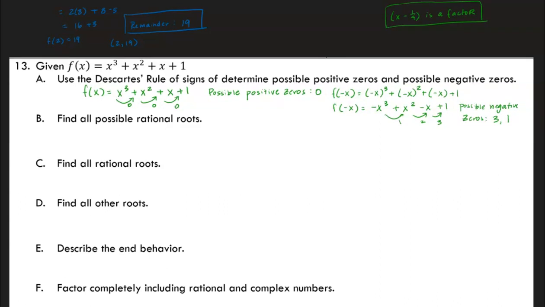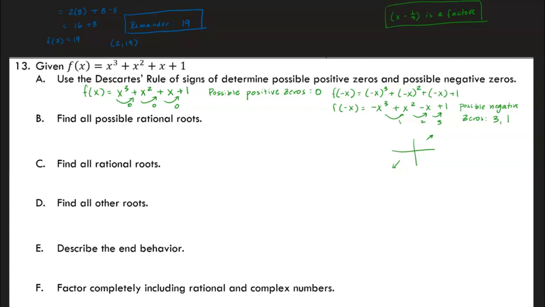The reason is that this is an odd function, so it's going to end up with a positive end behavior.